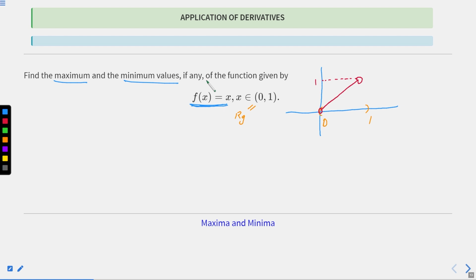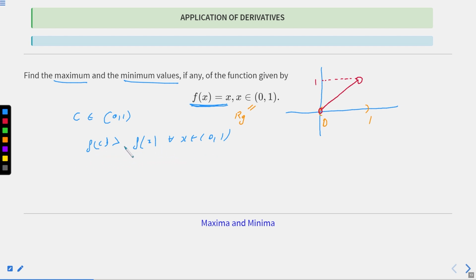Because the definition says so. The definition says that if you have a maximum value, this means your c must be in this interval, that c must belong to the open interval 0 to 1, and f(c) must be greater than or equal to f(x) for every x belonging to 0 to 1. This must happen.